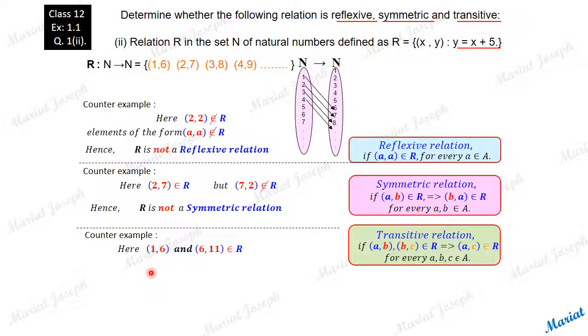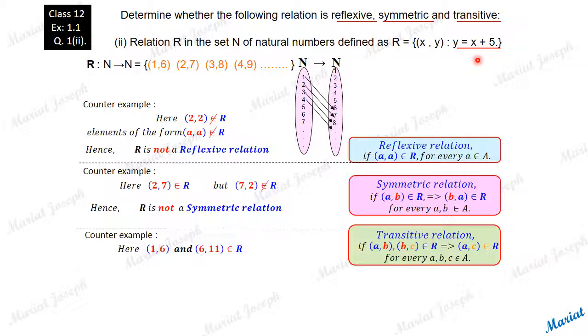But to call it a transitive relation, whenever there are elements of the form (a, b), (b, c), there should be an element of the form (a, c) also present. That is, we have to check whether (1, 11) can also be included in this relation. (1, 11) in place of (a, c). Can we have the pair (1, 11) in the relation? Of course, I have not written it. Let's check. x is 1 and y is 11.